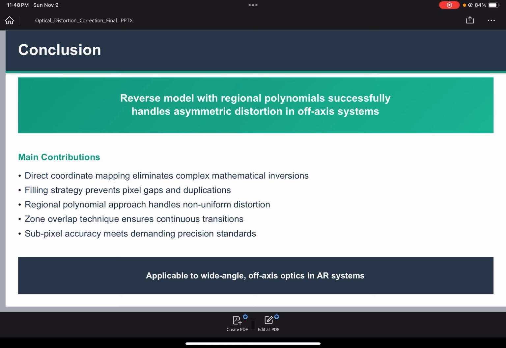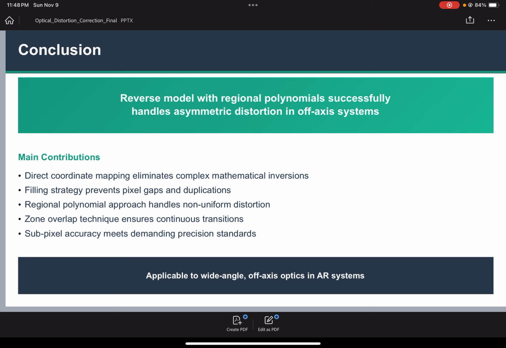Secondly, the filling strategy prevents pixel gaps and duplicates by processing from output to input. And thirdly, the regional polynomial approach handles non-uniform distortion effectively, since different field of view parts can have very different characteristics. And fourth, zone overlap ensures continuous transitions between regions.